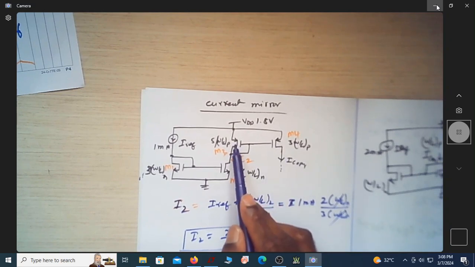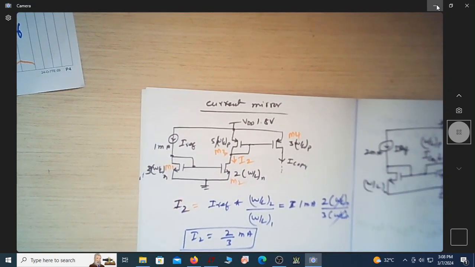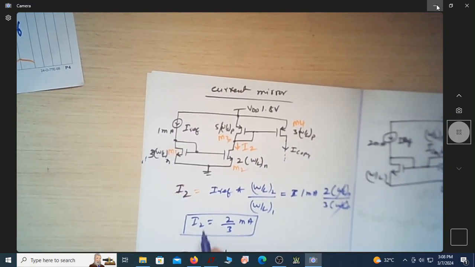So this becomes the reference transistor and this becomes the current I2. What is I reference now? Let me write it as I dash reference. It is actually I2, 2 by 3.